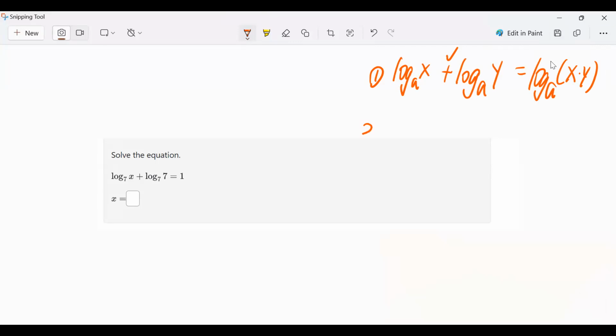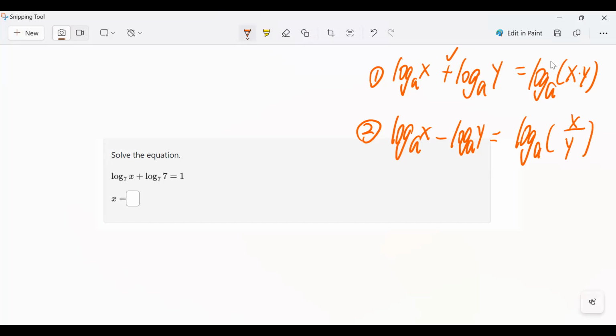Second one is if it is subtraction, let's say log_a x minus log_a y, then it's going to be log with the same base of x over y. Okay. And the third property is also very useful. It's like log_a of b to the x, then you're going to put this exponent in the front.